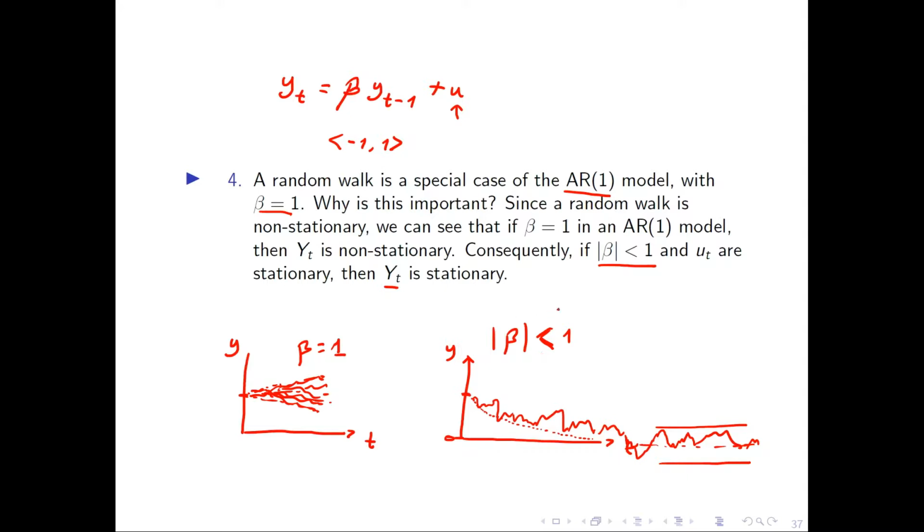So then this means that the process is stationary, whereas the random walk model is non-stationary.